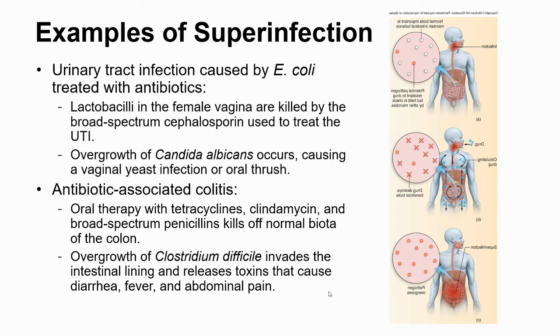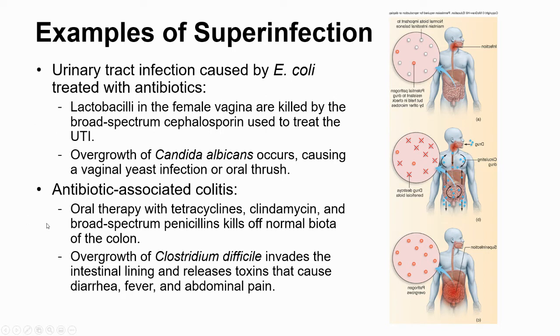So typically lactobacilli that are part of the normal flora in the female vagina are killed by broad-spectrum cephalosporins that are commonly used to treat UTIs, and they result in an overgrowth of Candida albicans, our number one cause of yeast infections, of fungal infections. So that's a really common side effect of taking antibiotics.